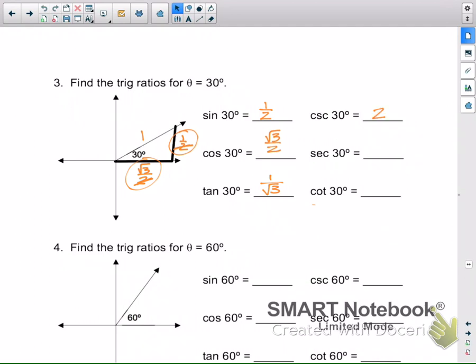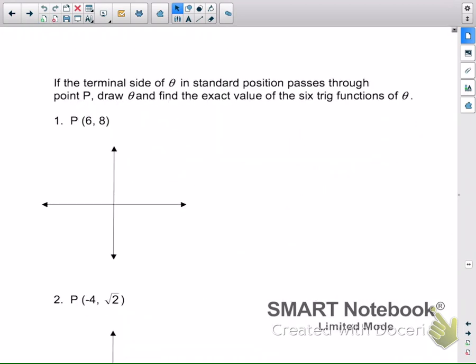So 2 over root 3 and root 3. Same thing for 60, only they just flip-flop because the angle changed. Again, we're not going to repeat that at this point, but we are just going to use the chart for what it's meant for. So for a minute, we're going to take a break from our notebooks here. I am going to put the unit circle up on the board for you so that you can see it.